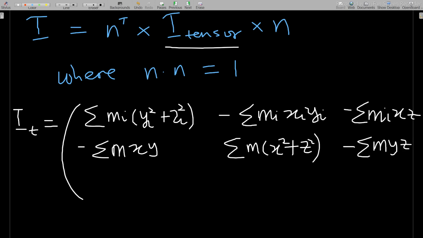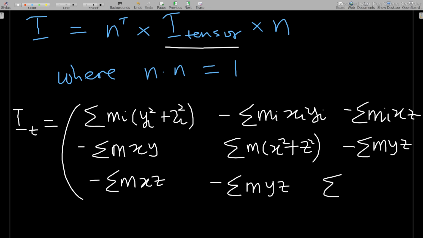Then it goes to minus summation m x z, since it's just multiplication, then minus summation m y z, then you come here, summation m times x squared plus y squared.